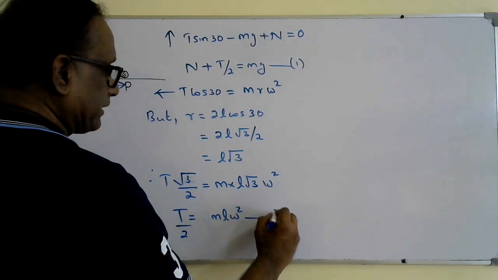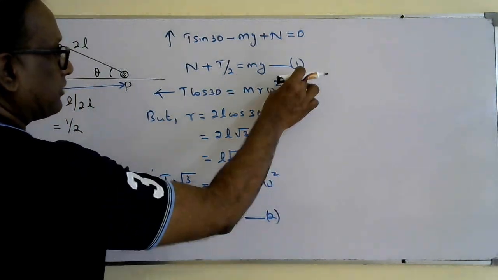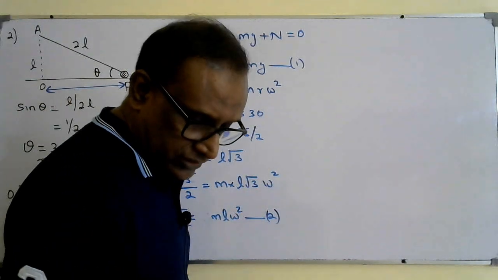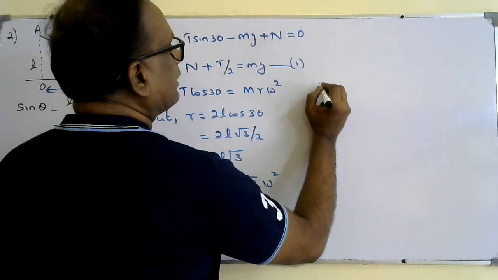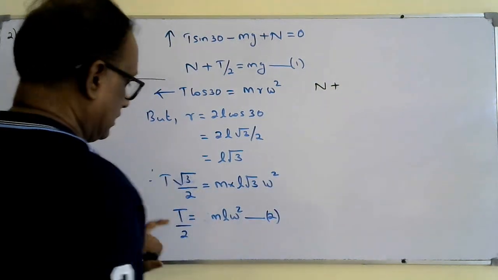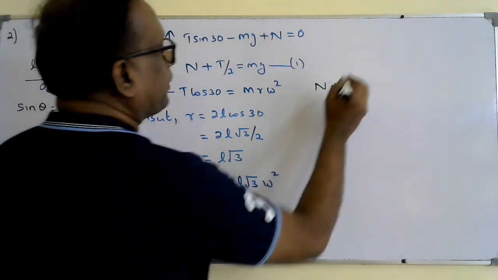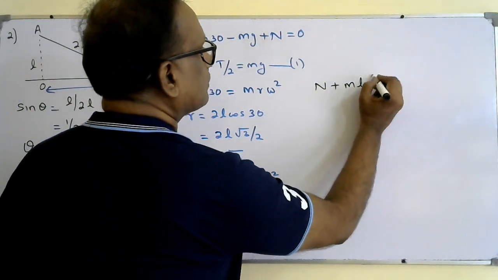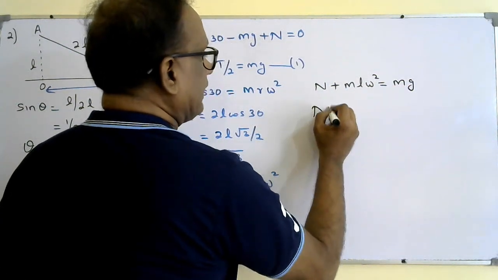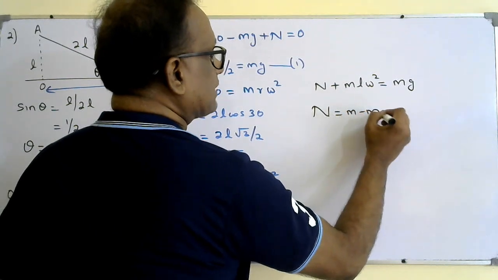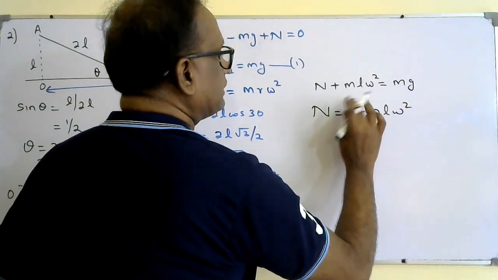Let it be the second equation. Substitute the second equation in the first equation: N plus T by 2, that is m l omega squared, equal to mg. So N is equal to mg minus m l omega squared.